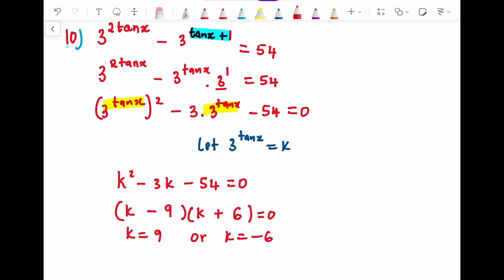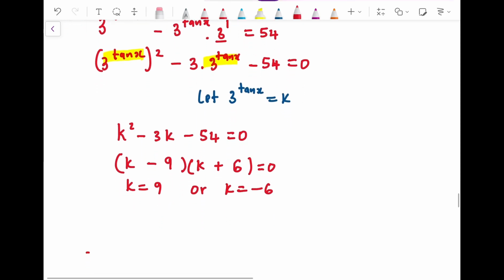But we are not solving for k. Remember, we want to solve for x. Remember, we said our k is 3 to the exponent tan of x. Now, we will then say 3 to the exponent tan of x is equal to 9, which is the same as 3 to the exponent 2.